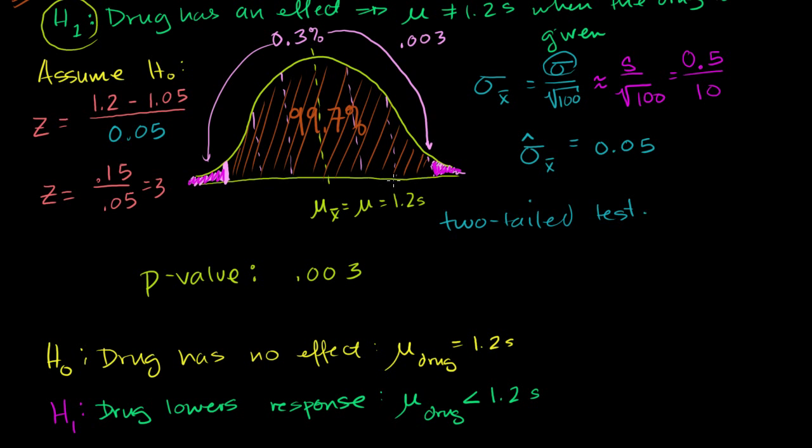We were able to estimate its standard deviation using our sample standard deviation, which was reasonable because the sample size is greater than 30, so we can still deal with a normal distribution for the sampling distribution. Using that, we saw that the sample mean we got, 1.05 seconds, is 3 standard deviations below the mean.